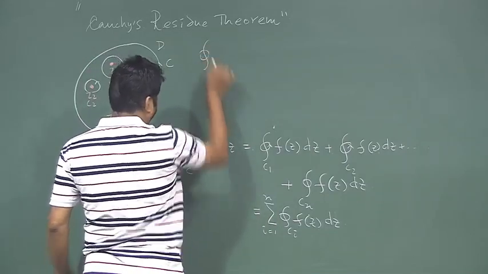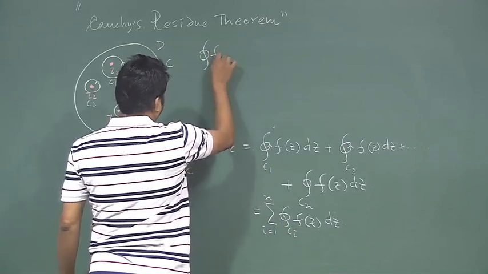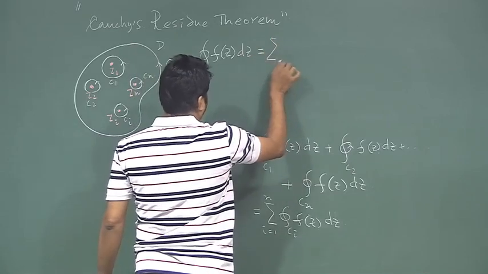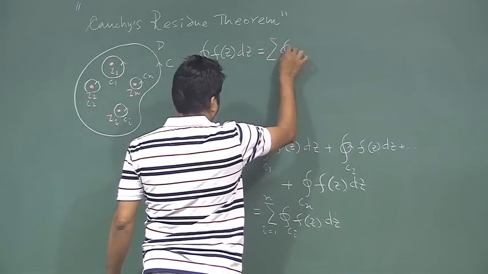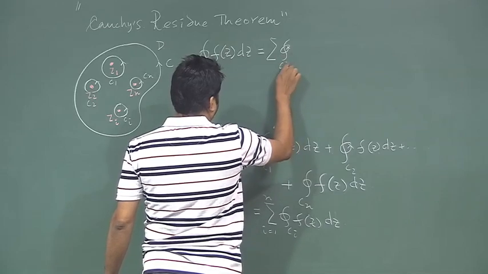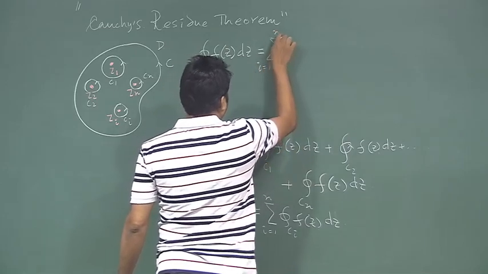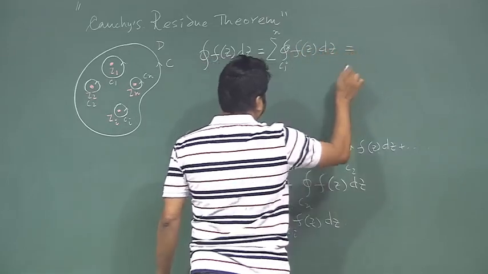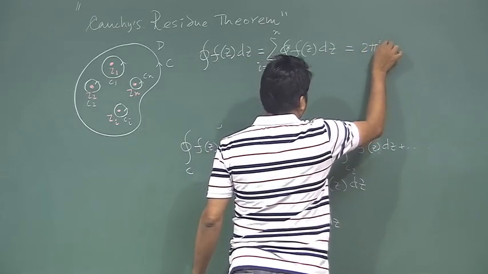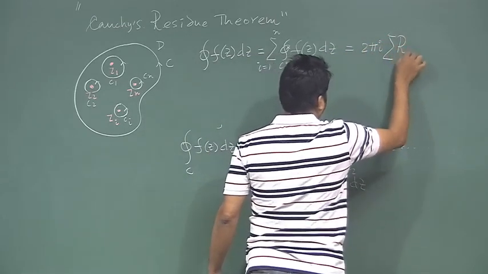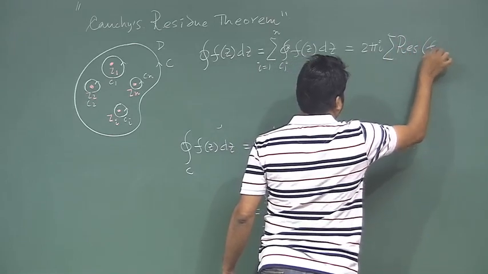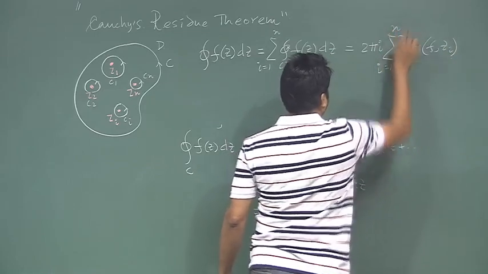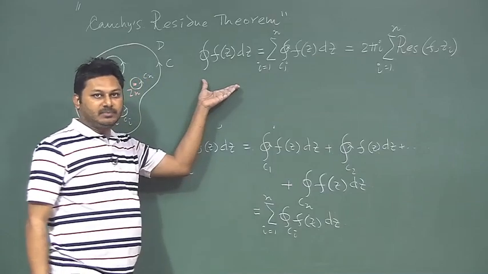This quantity, the summation of these integrals, will simply be 2 pi i times the summation of the residues of the function f evaluated at the i-th point, with i from 1 to n. This is the statement.